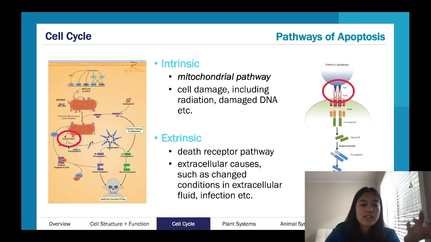Once this molecule is released, it leads to apoptosis. On the other hand, extrinsic comes from outside the cell. So this is the cell here, and the signal comes from externally and signals the cell to program that apoptosis.